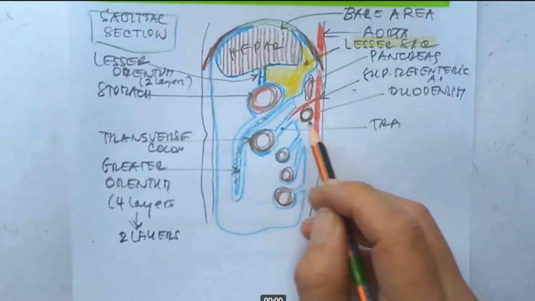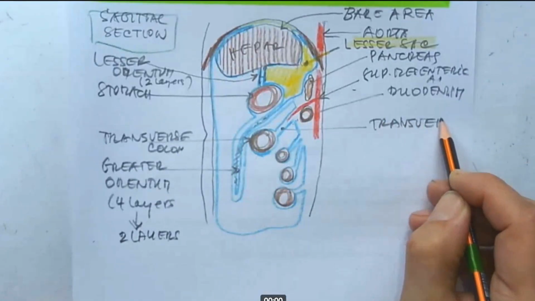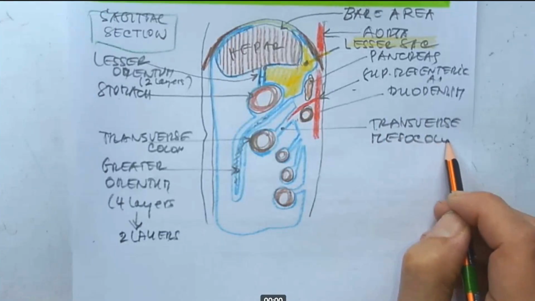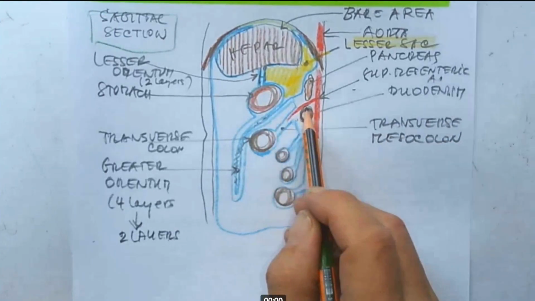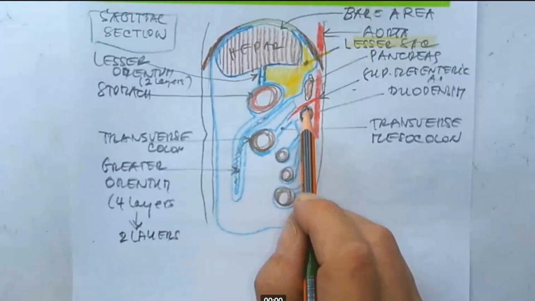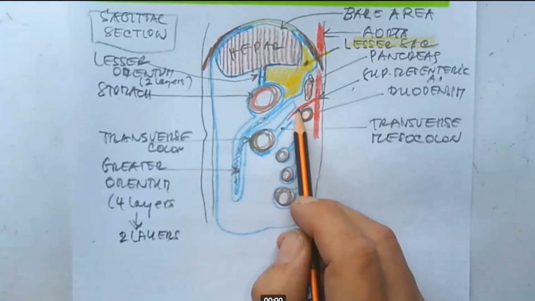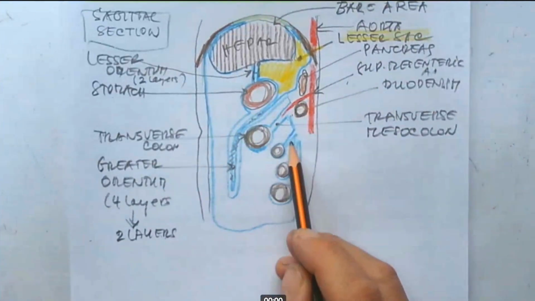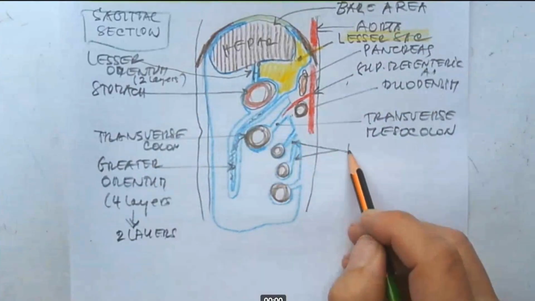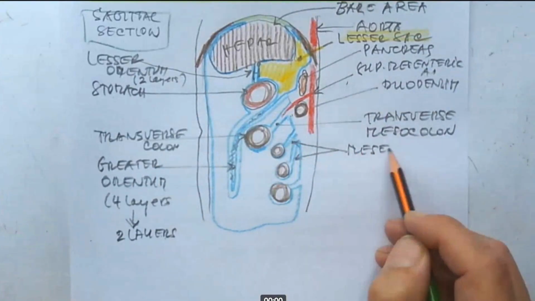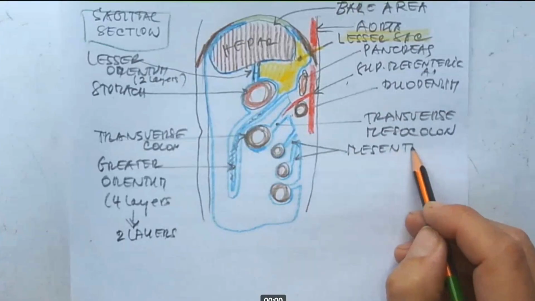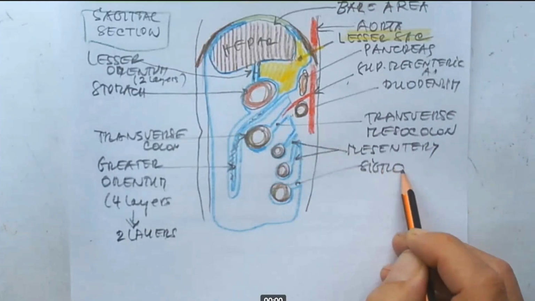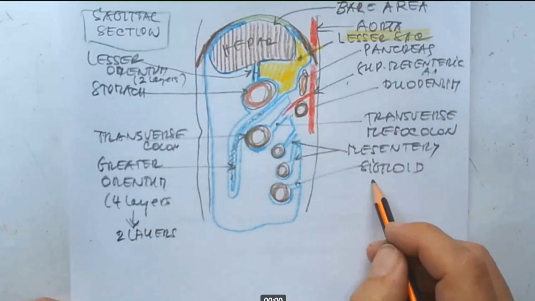Note that this attachment of the transverse mesocolon points exactly to the part of the duodenum, because the duodenum will also be divided by the attachment of the transverse mesocolon into upper and lower portions. Here we have the mesentery. This is the mesentery attachment of the small intestine, and that one is the sigmoid mesocolon, also a movable sigmoid colon.